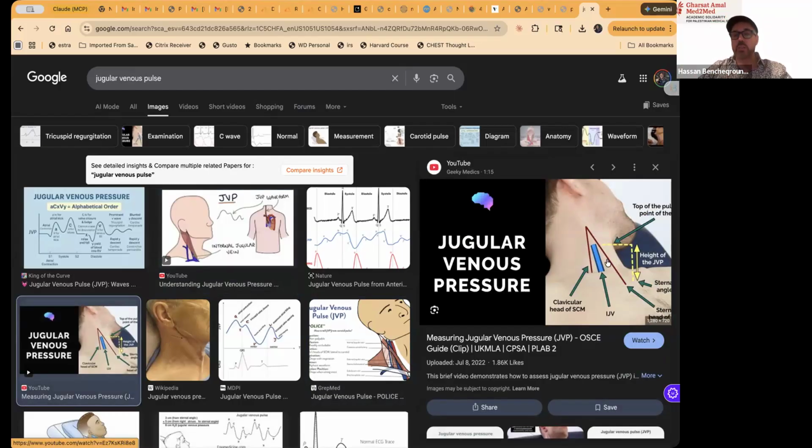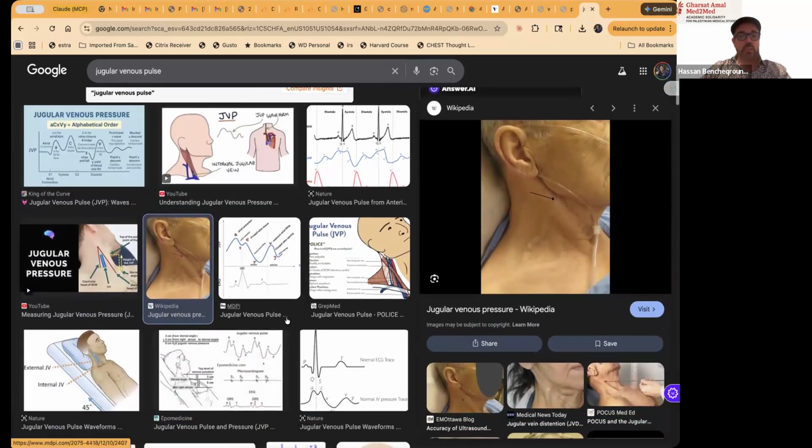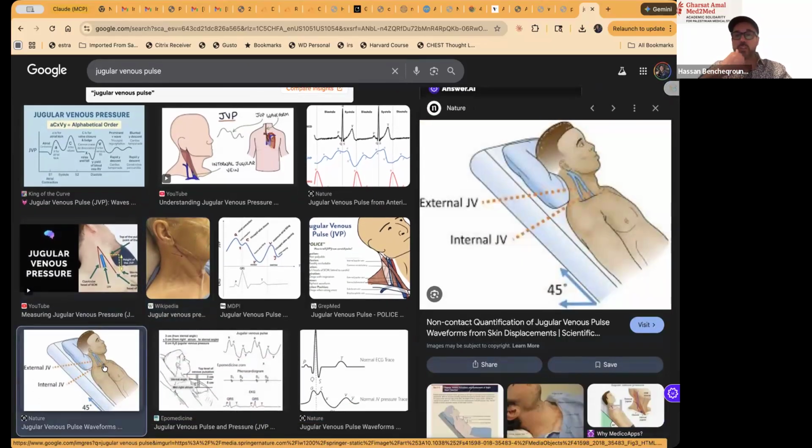You look for the sternocleidomastoid right here and the clavicular head. Those two give you a triangle. You have the clavicle right here, and the internal jugular comes out of here. If it's small, then that's normal. But if it's long and engorged, like so, this is not normal. It's an increased jugular venous pressure, right?